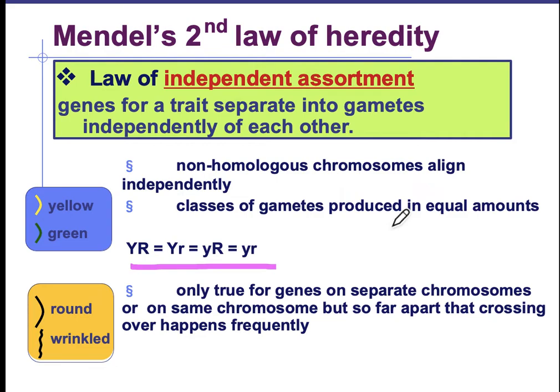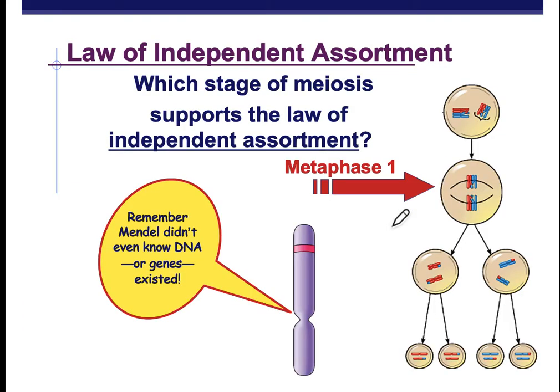So it's not a mutation, because they're not harming the gene, they are just swapping the choices for that trait. The independent assortment is basically determined during metaphase 1, by how these chromosomes line up.